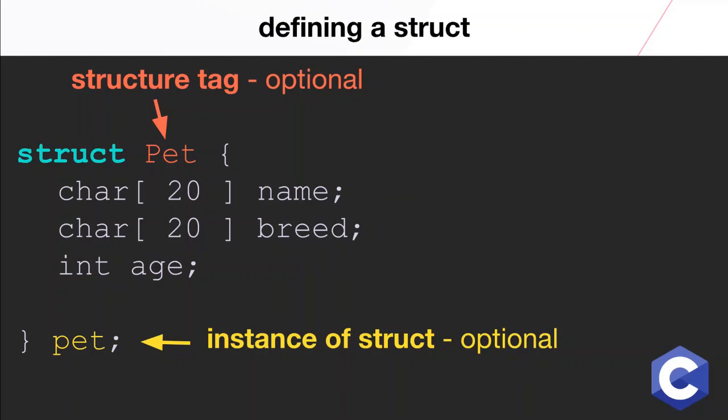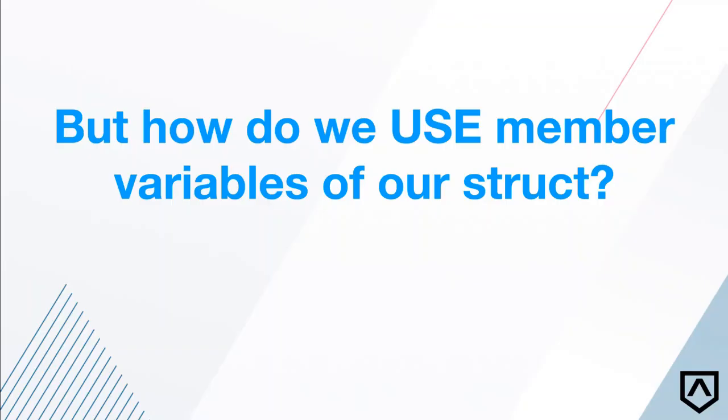And so in this example, we've defined three different components of our struct. We have a name, we have a breed, and we have an age. We see that we're mixing different types here. That's totally okay. If you wanted to add more attributes to this struct, you'd be able to do so, okay? But here's a short, sweet example of what a struct looks like in C.